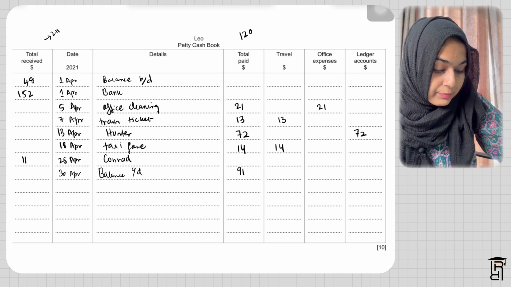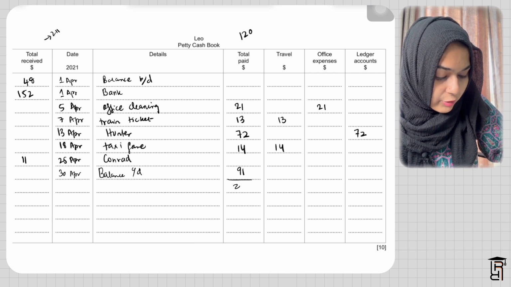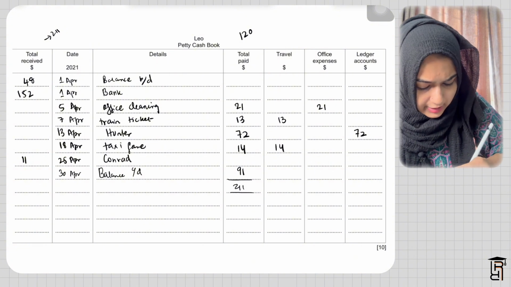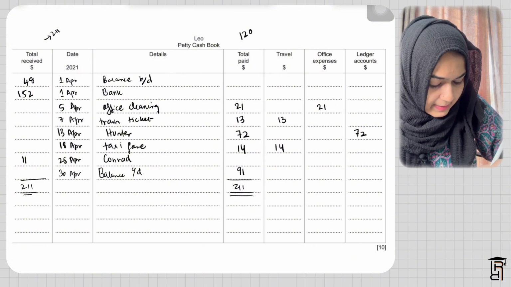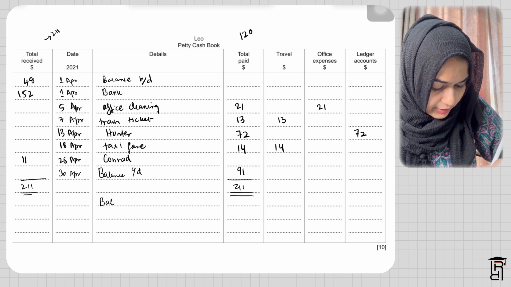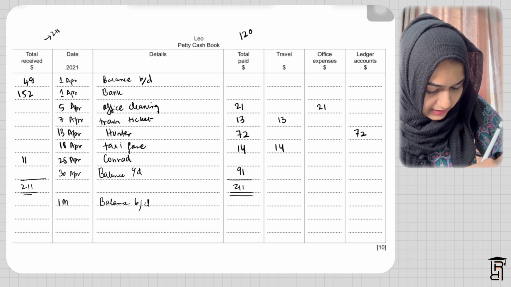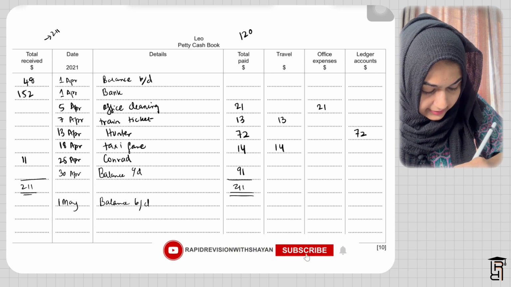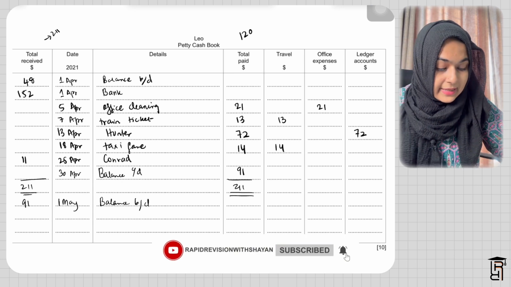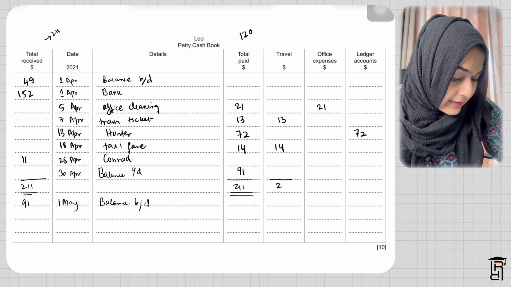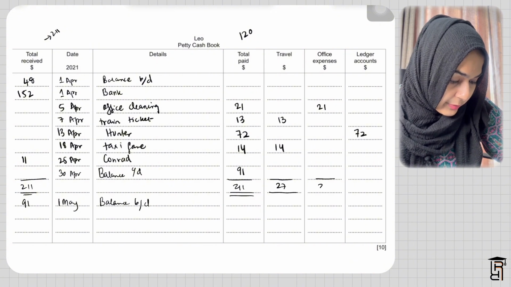This is going to be now 211 on both sides, 211, 211, and this balance carried down will become my balance brought down. So I'll write here balance brought down, 1st May, and $91 on the debit side. This total will be $27, this total will be $21, this total will be $72.